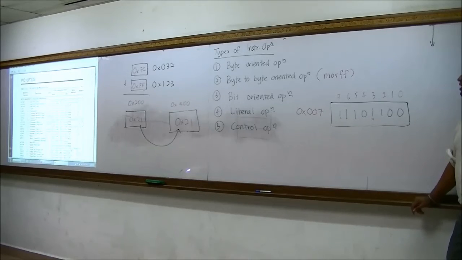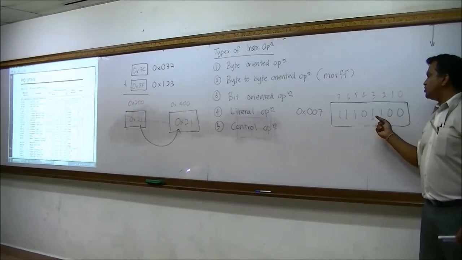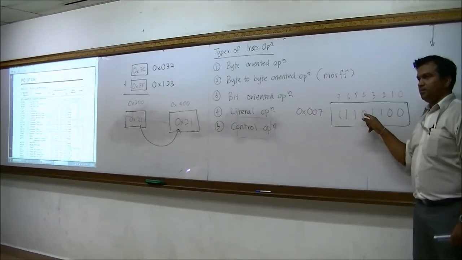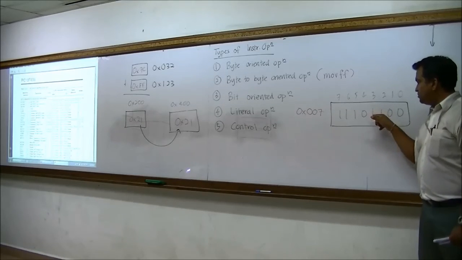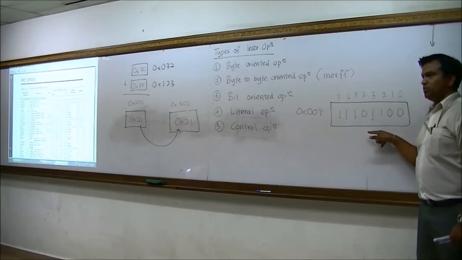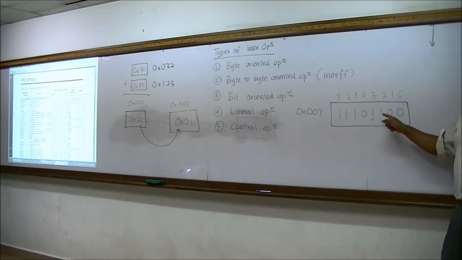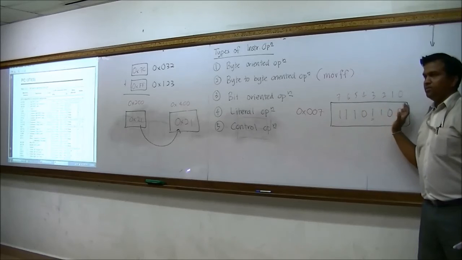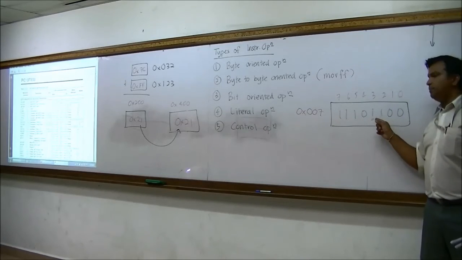Do you understand this? Any instruction that allows us to just manipulate the bit. For example, this is 1 and I just want to make this bit become 0. Set or clear. I'm just manipulating this one and the rest I'm not disturbing. So, am I manipulating the whole byte or just the bit?